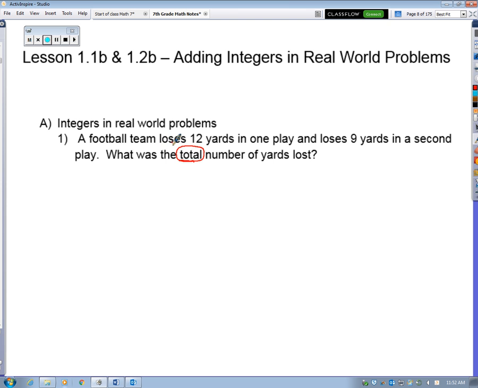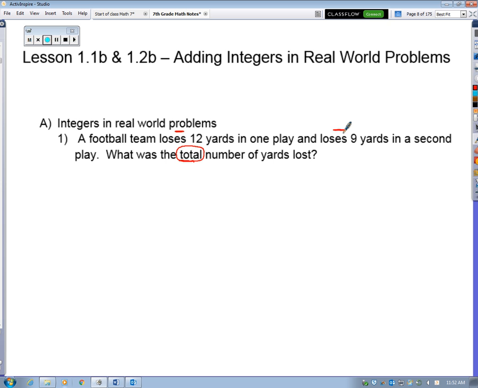It tells us we're losing 12 yards. Okay, now if you lose yards, that's not a good thing. That's actually a negative thing. So that's going to make this a negative number. So we're going to start with a negative 12. And let's take a look at the other number we're working with. This one happens to be another loss of yards. So if you're losing, you're going backwards.